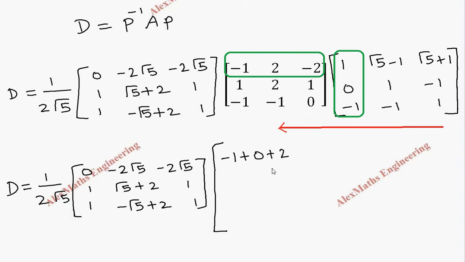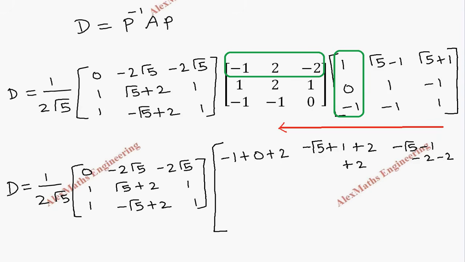So this is the first element. Then we have to take the first row and multiply the second column. So this will be root 5 minus 1 into minus 1. So minus root 5 plus 1, then plus 2, then again plus 2. Coming to the next part, first row we have to multiply the third column. So again minus root 5 minus 1, then minus 2 minus 2. By multiplying 2 and minus 1, which is minus 2, then minus 2 and 1, minus 2.